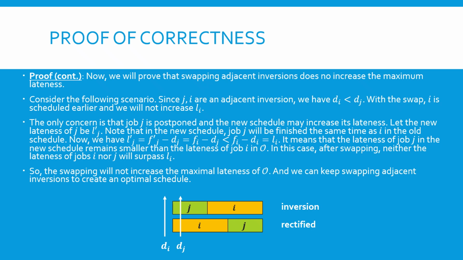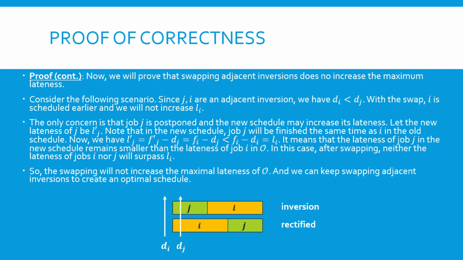To remove this inversion, we swap jobs i and j. Let s_i and f_i be job i's start and finish time before the swap, and s'_i, f'_i after the swap. Define s_j, f_j, and s'_j, f'_j similarly.